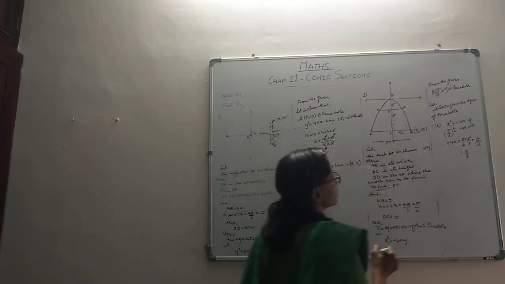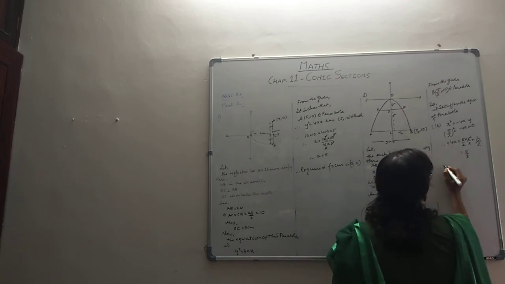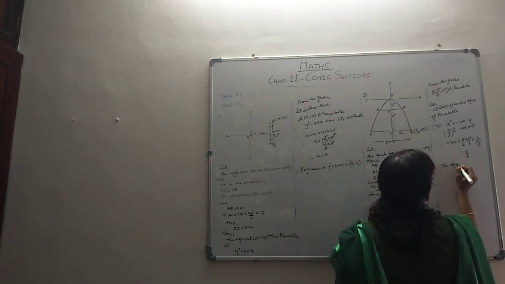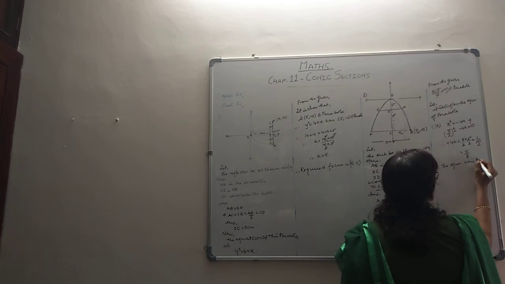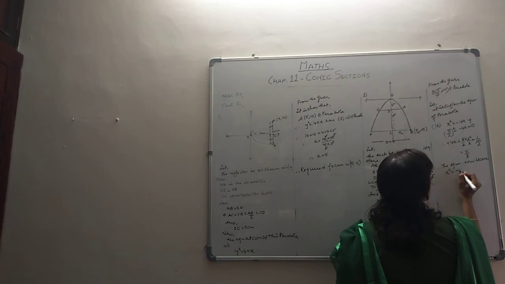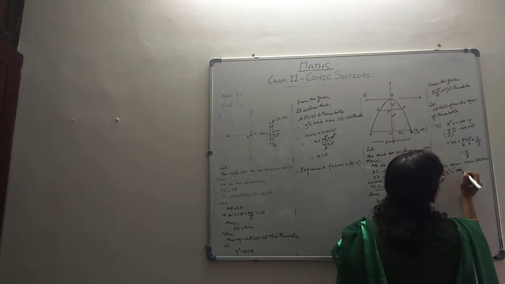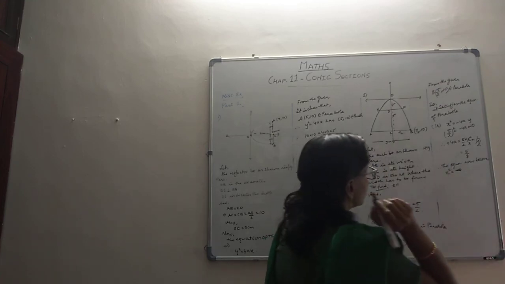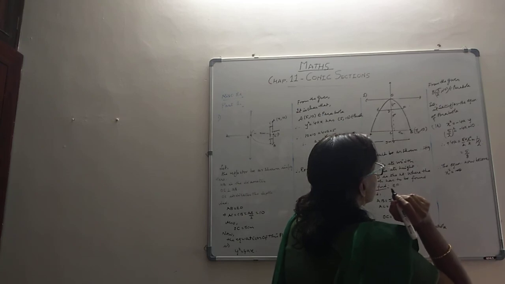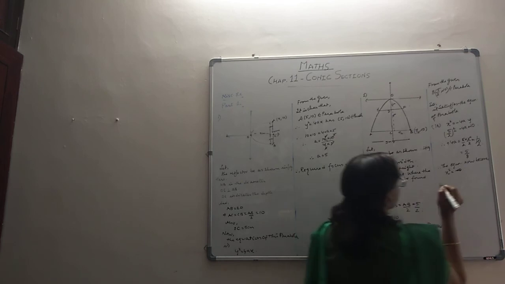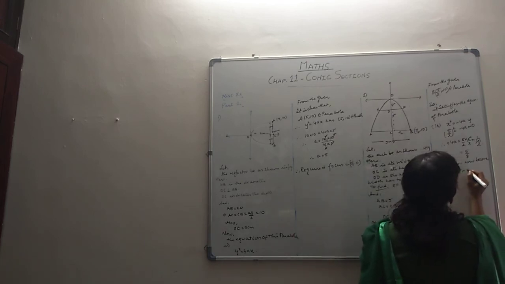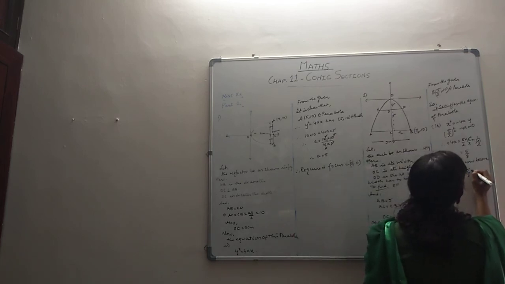Now, in order to get the equation of the parabola, the equation becomes x squared equal to minus 4a, which is minus 5 by 8, into y.